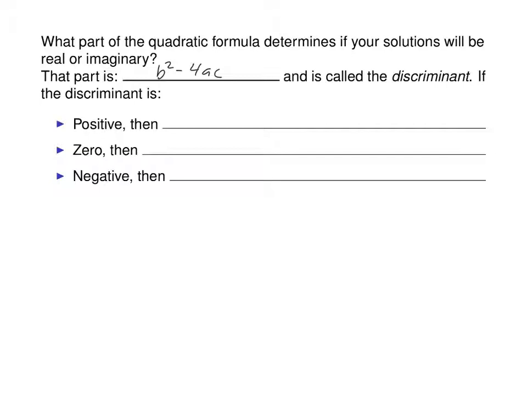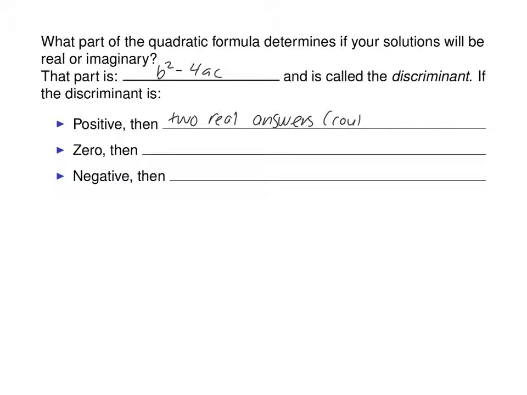Would you have a square root over that? Nope, because you know that you're going to square root it. So if this thing is negative, you know you're going to have i's. If you want to put the square root there, you could, but the discriminant itself is just the stuff inside the root sign. So if it's positive, then you have 2 real answers.